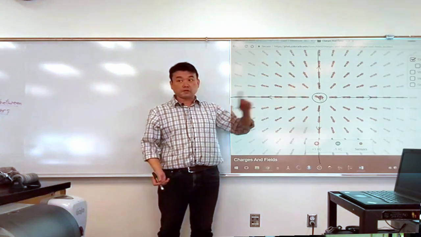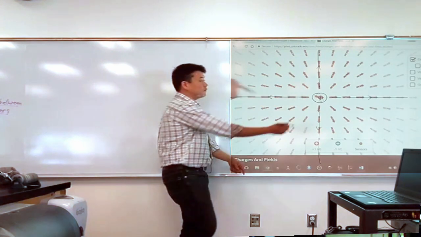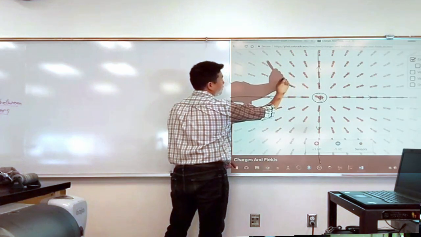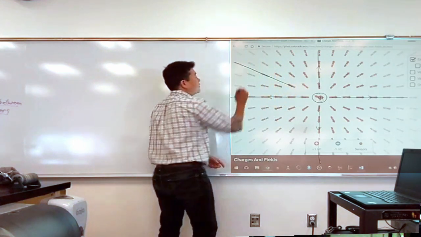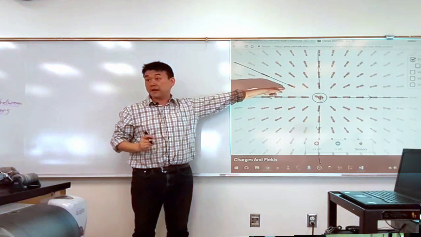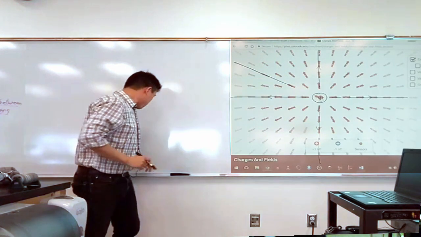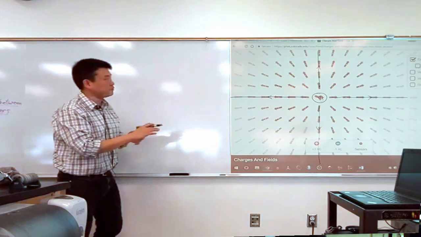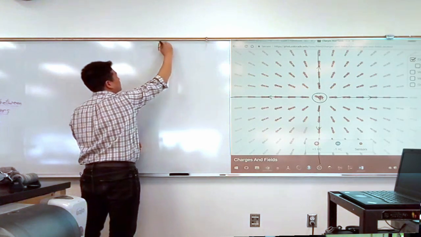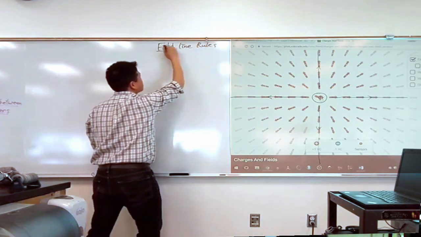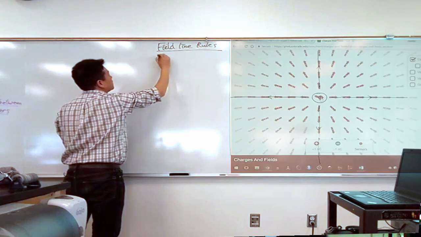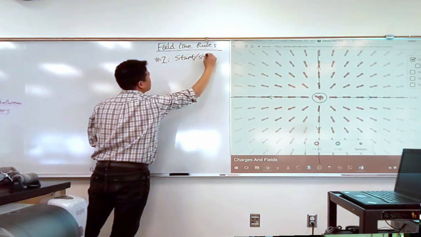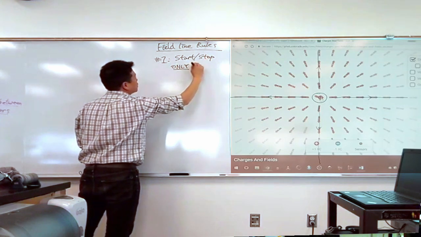Nothing stopped me from picking this point to start and saying, all right, it's going that way, that way, that way. Nothing stopped me from drawing this field line, right? So I guess I should write down the rules. Field line rules. The first rule, number 1, is fields start or stop only on charges.